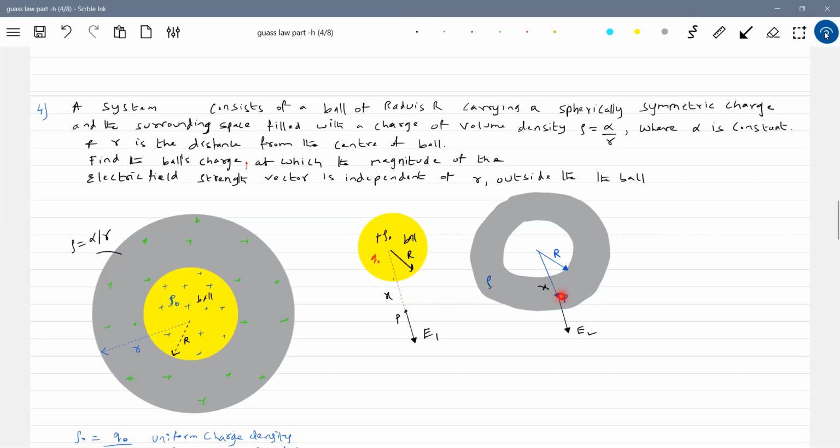So we should calculate how much charge is present in this region. If you draw a Gaussian surface, you have to draw a Gaussian surface of a sphere of radius, till where this charge will be extended till infinity. And the surrounding space filled with a charge of volume density. In fact, I should draw this very big.